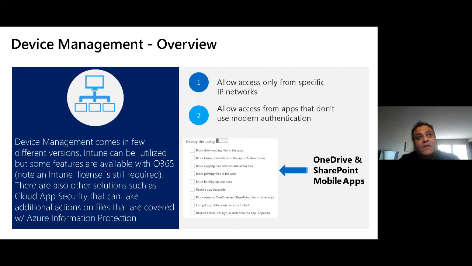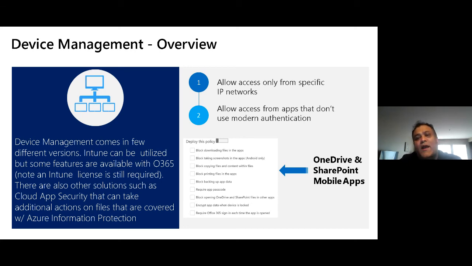With Intune and other Office 365 capabilities, you can remotely manage, at the app level as well as the device level, what you want to do with the selective content that is available to consumers, whether they can get to the site, and what they can actually do with that content on that device.